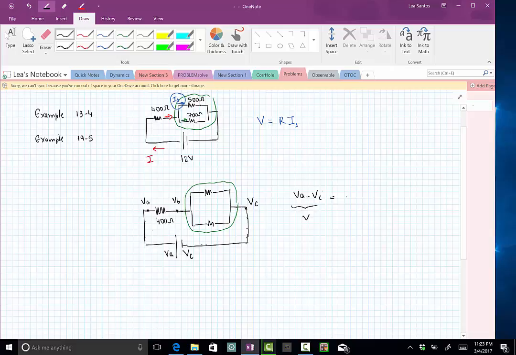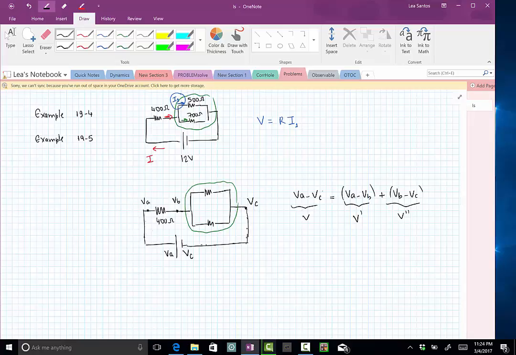This is VA minus VB, which I can call V prime. And then we have the potential difference between VB and VC, which I can call V2 prime. So the whole potential difference given by the battery is the sum of the potential differences in all of the pieces along the circuit.